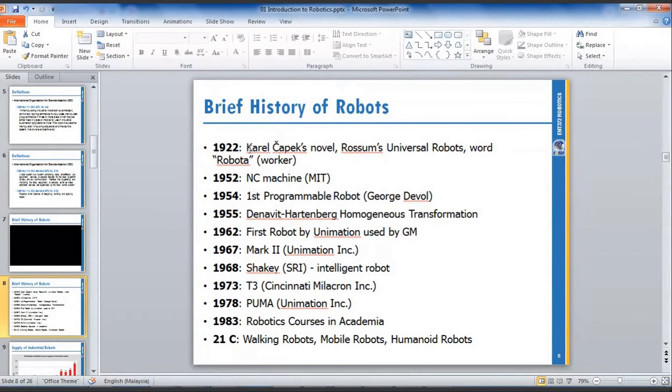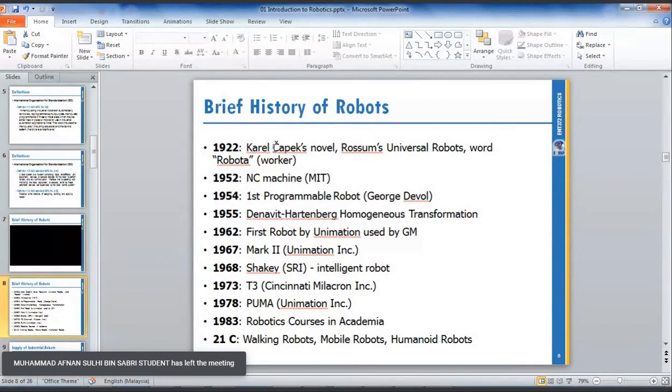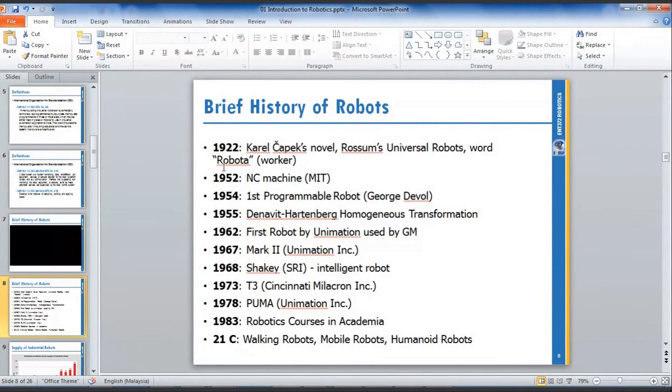So this is the first robot we can see in the history of robots, right? Carpet. Last time they called it a robot. And then, okay, you see here, 1955.